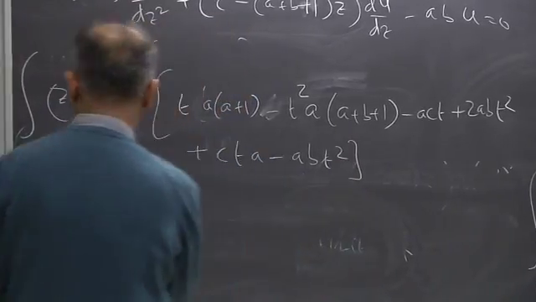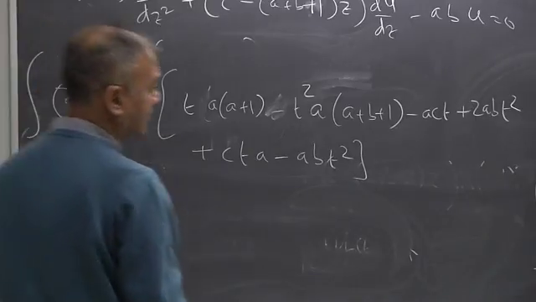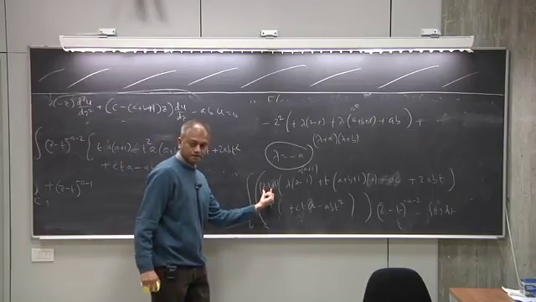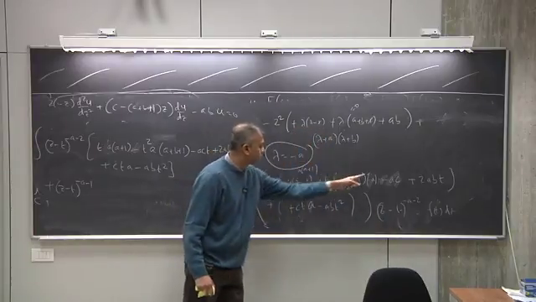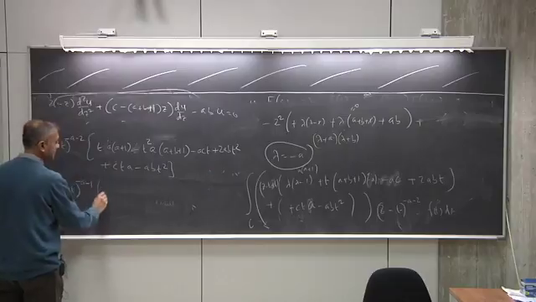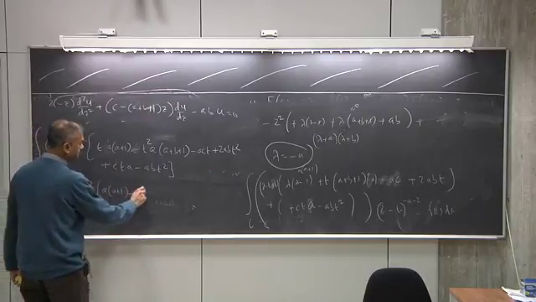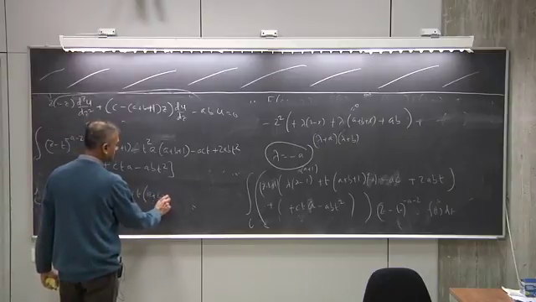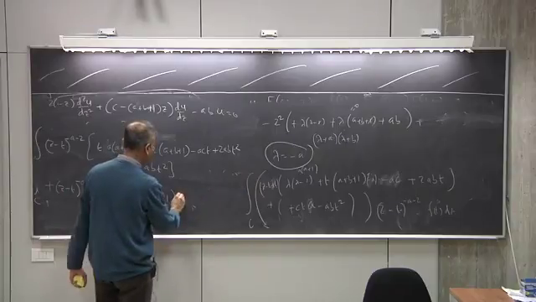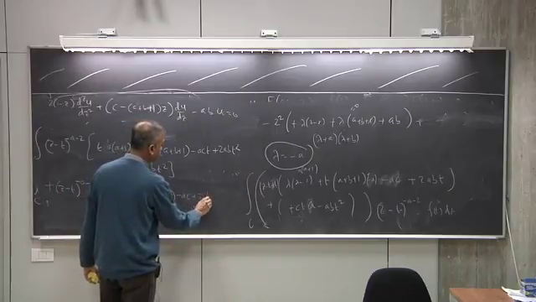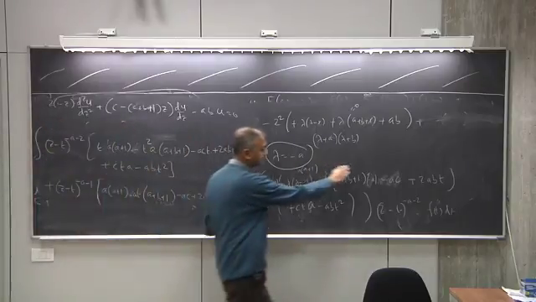And then there is a term, plus z minus t to the power of minus a minus 1, and that is simply taking this part of the thing and multiplying with that, right? But that's just coming with all of this coefficient, so that coefficient is simply a times a plus 1 plus t times a plus b plus 1 minus at, and then minus ac plus 2ab. That is what all of this inside thing is.